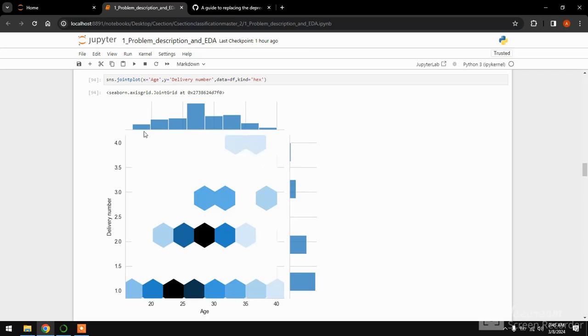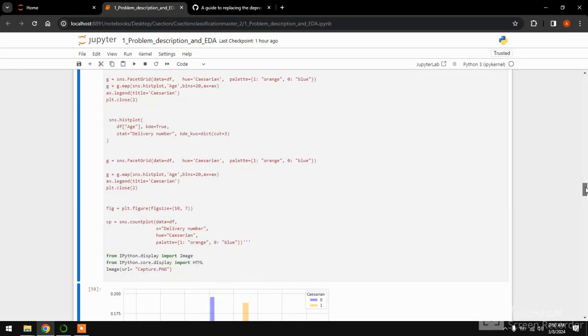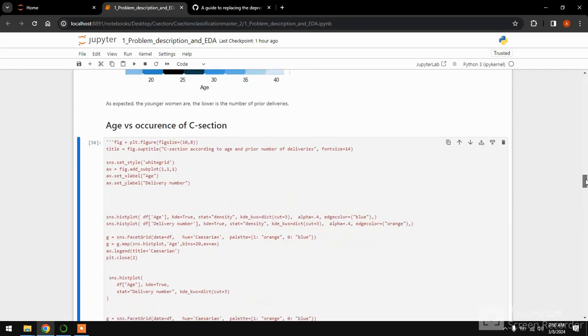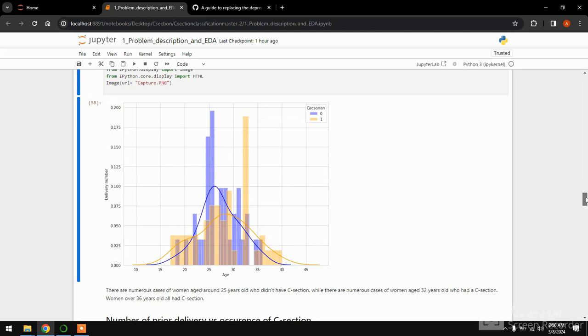Alright, so now we are comparing age to the actual probability of giving birth through C-section. Cesarean section is in blue, and not in blue, it's now in orange.